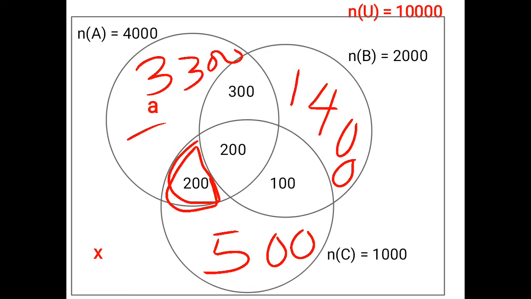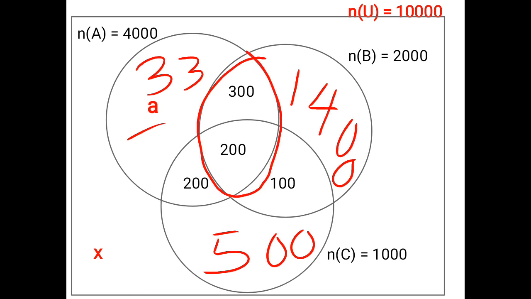Then we go to, still on our diagram, the number of families which buy A and B only. A and B only. So it's the same as A and B but not C. Where is A and B? The whole of this side is A and B. But because the question has introduced only, meaning C should not be found in it, right?